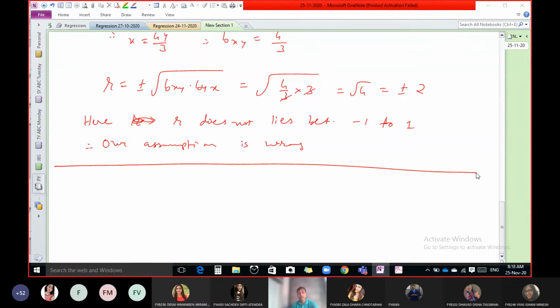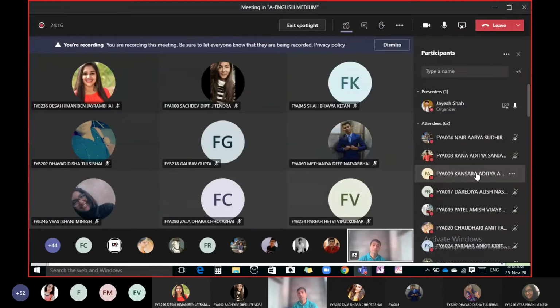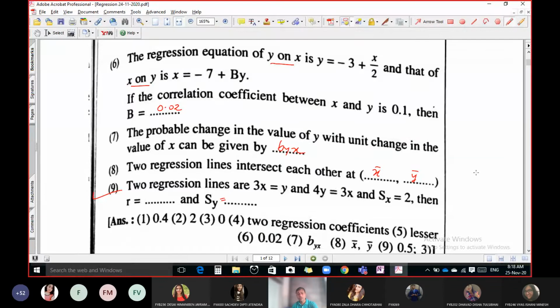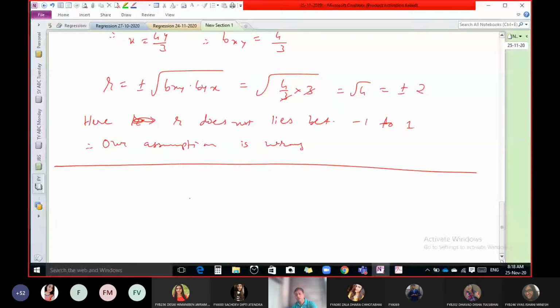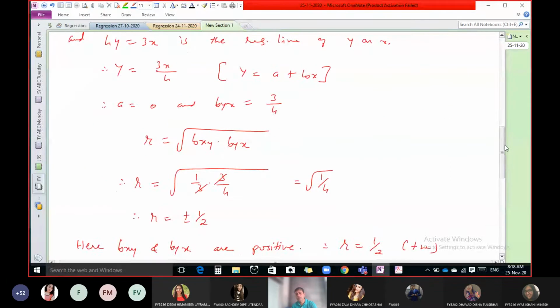Any doubt up to this to anybody? No, sir. Okay. Now in the same question we have to find the standard deviation of y. Now any of you able to find the standard deviation of y? What is the procedure?